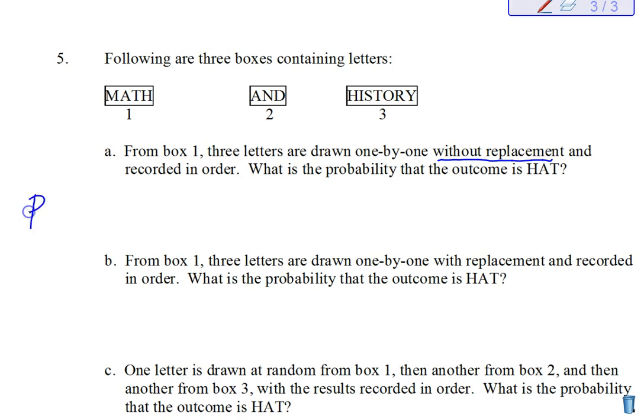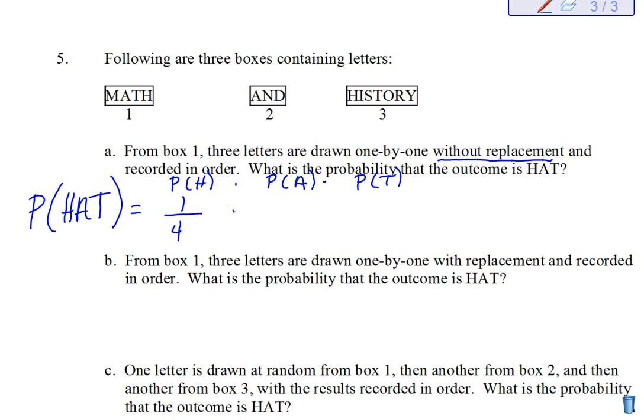I want the probability that the outcome is H-A-T. Well, that's going to be the probability of H times the probability of A times the probability of T. Well, the probability that I reach into box 1 and get an H, there is 1 H out of 4 letters. But that letter is not replaced.